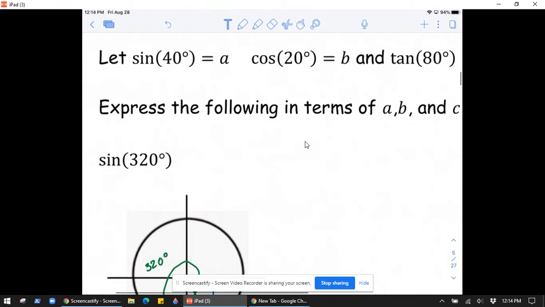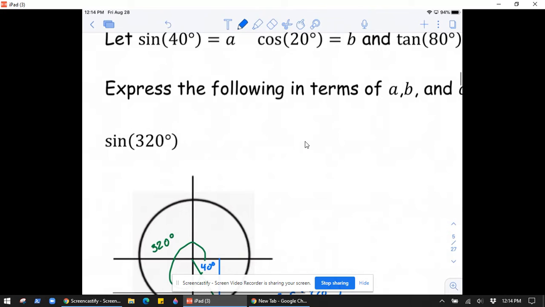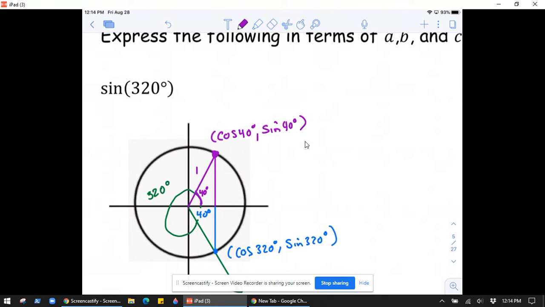What I do know is that the sine of 40 degrees is a, but 40 degrees would take you here, and again, we're in the unit circle here. Well, let me label the points. That could be considered cosine of 40 degrees, comma, sine of 40 degrees. And so we note that this point right here, its coordinates are cosine 40, sine 40.